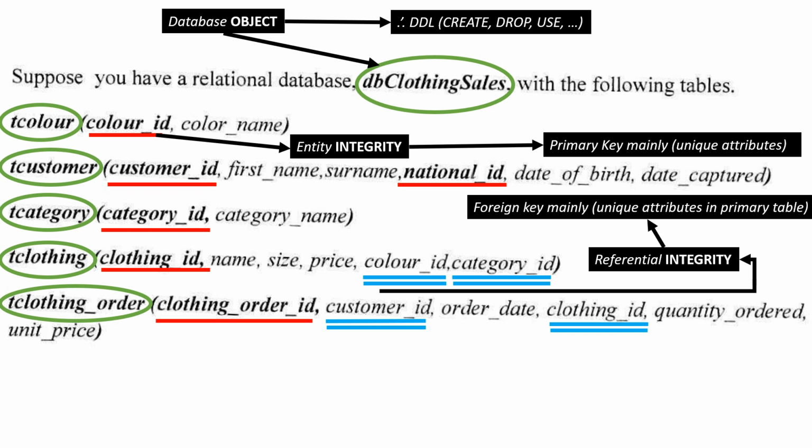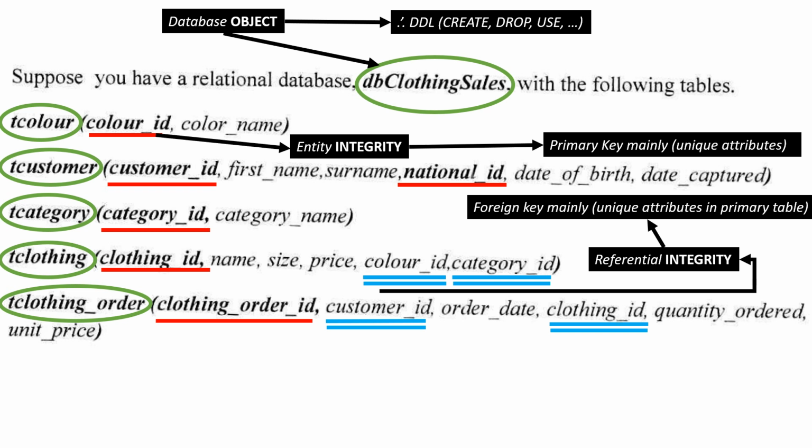Right? What does that imply? This implies that we cannot create T clothing without the T color table in existence, without T category in existence. Therefore, we must have created T color and T category.